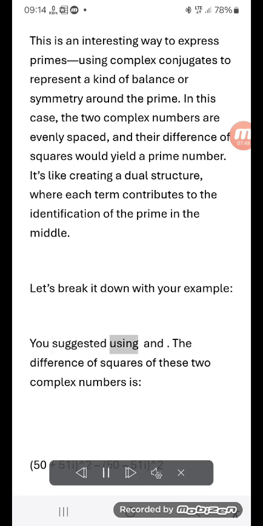You suggested using 50 plus 51i and 50 minus 51i. The difference of squares of these two complex numbers is (50 plus 51i) squared minus (50 minus 51i) squared.